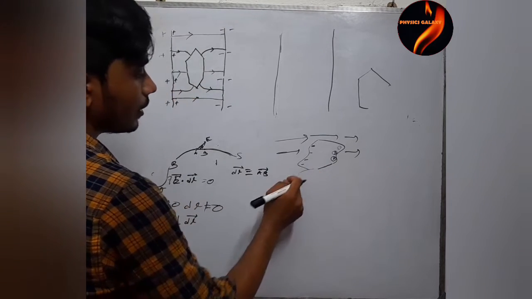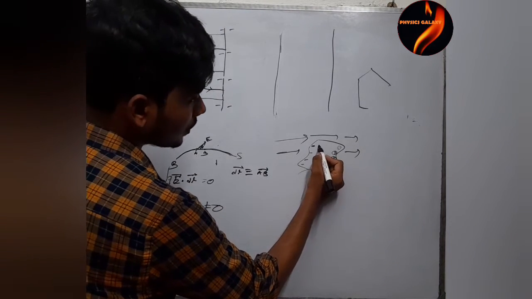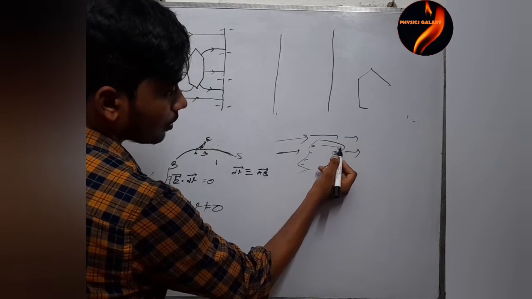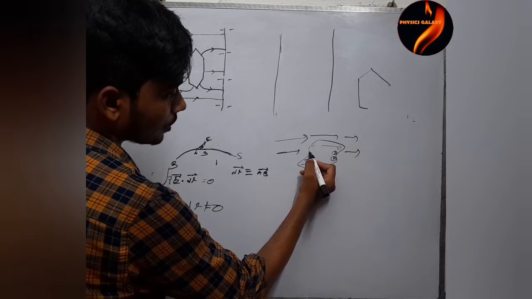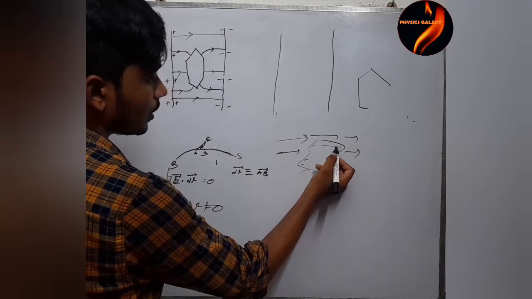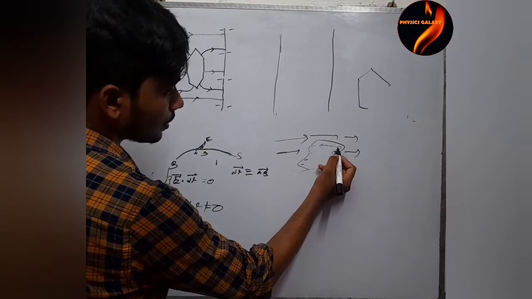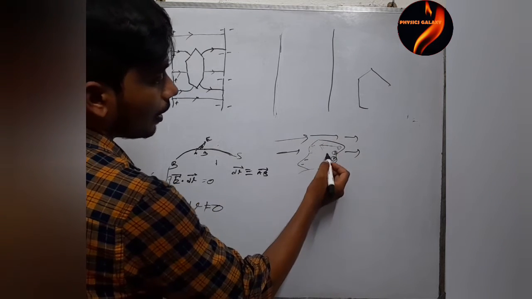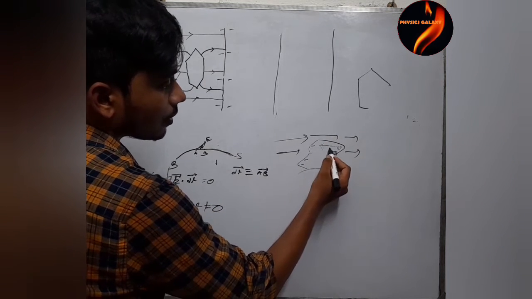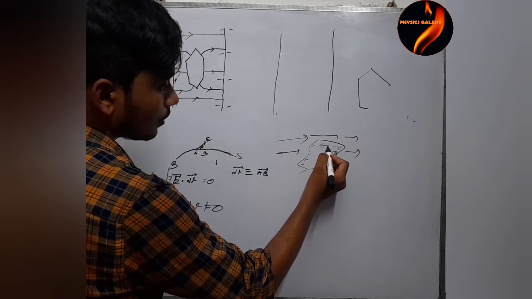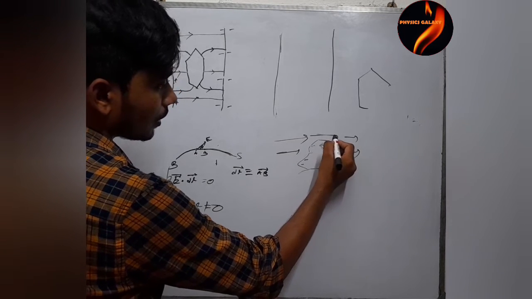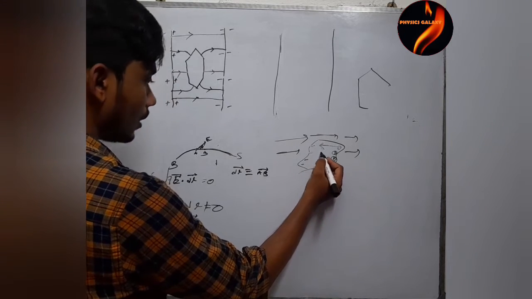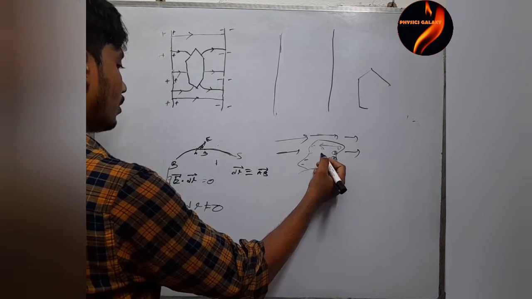Here some intrinsic electric field is created because there is positive charge here and negative charge here, and its direction is opposite to the external electric field. At a particular time these two electric fields, the internal and the external, become equal and opposite, so the net electric field inside the conductor is 0.